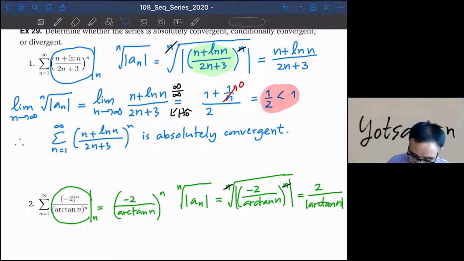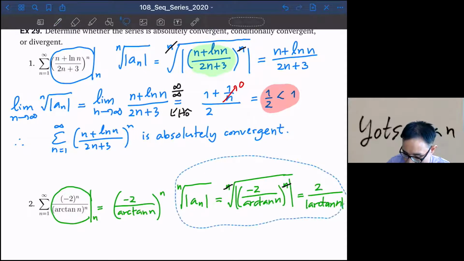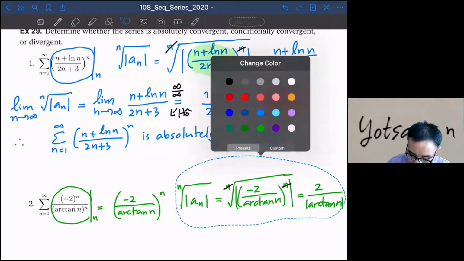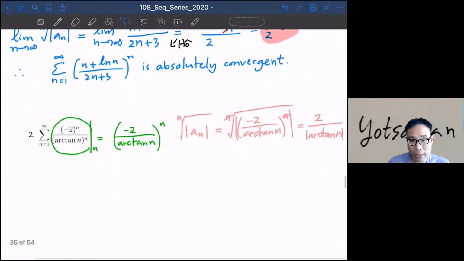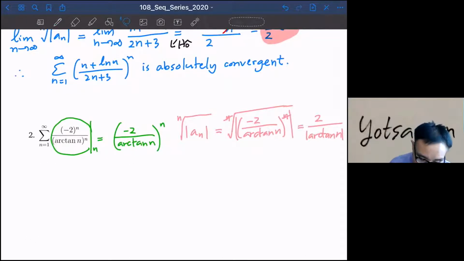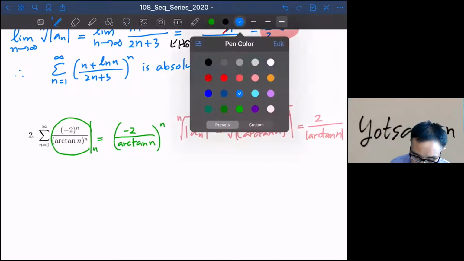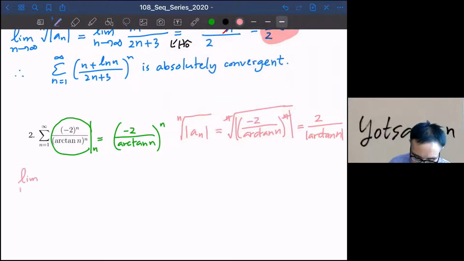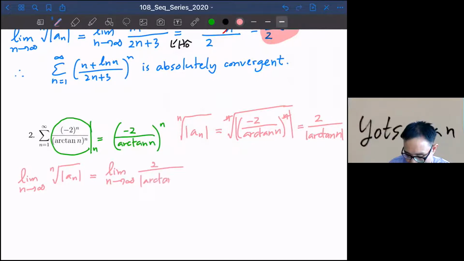Let me change the color a little bit. Okay, so we have the pink guy, and then we're going to compute the limit of the pink guy. So it's going to be the limit as n goes to infinity of the n-th root of the absolute value of a_n. So it's the limit as n goes to infinity of 2 over the absolute value of arctan n.